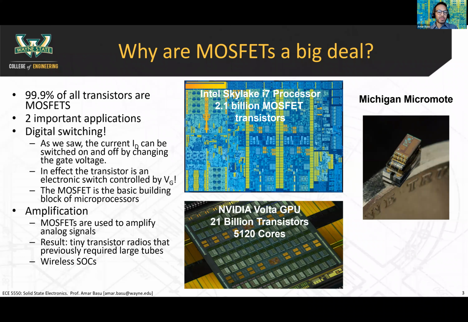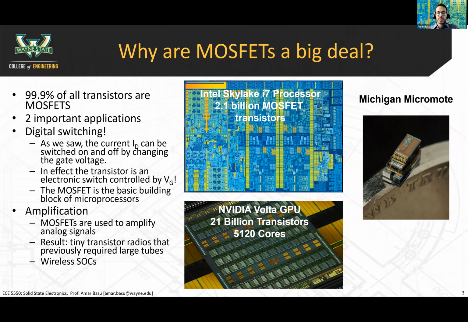The MOSFETs are by far the most manufactured device. And why is that? Each computer chip that we make has 2.1 billion transistors nowadays. A typical GPU that's used in data centers for doing facial recognition, natural language processing, and other AI type functions, and even gaming, has more than 20 billion transistors.